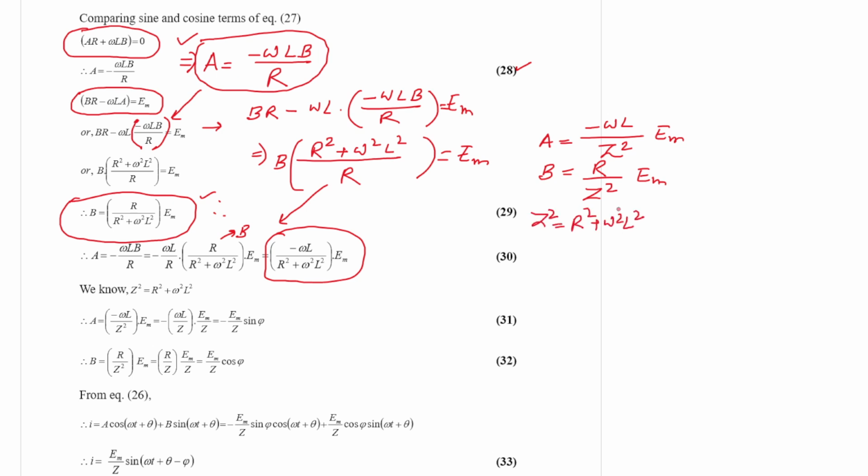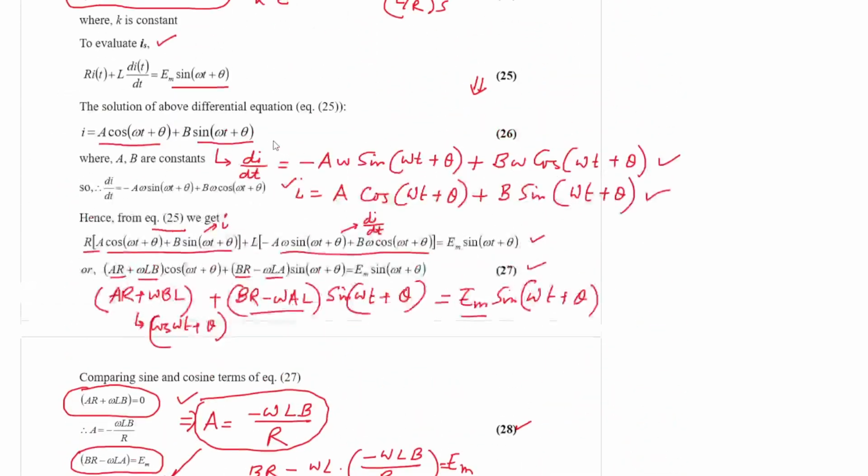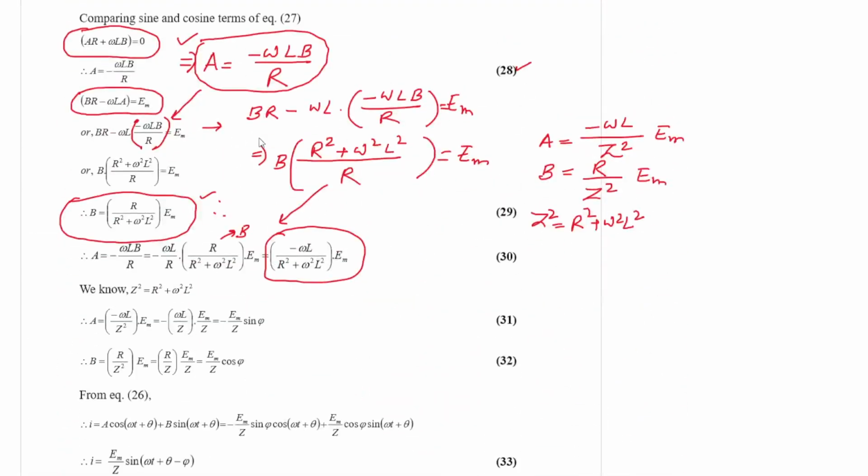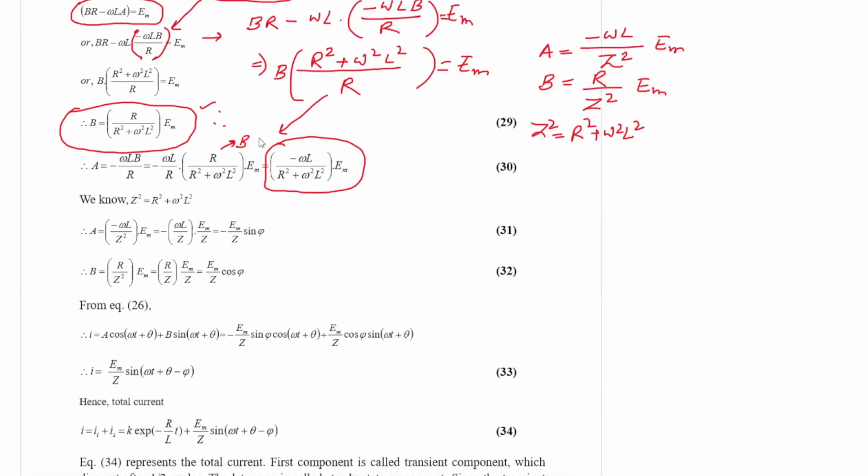From the concept of series AC circuits, if R and L are connected in series, they can be represented by an equivalent impedance, where Z square is equal to R square plus omega square L square.